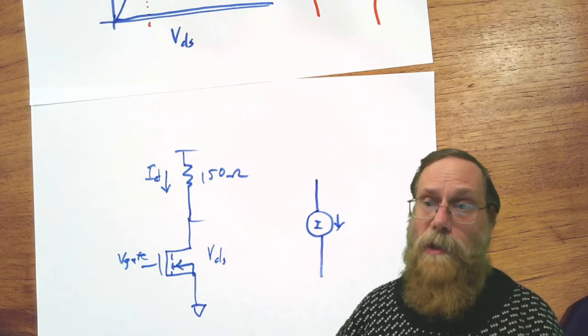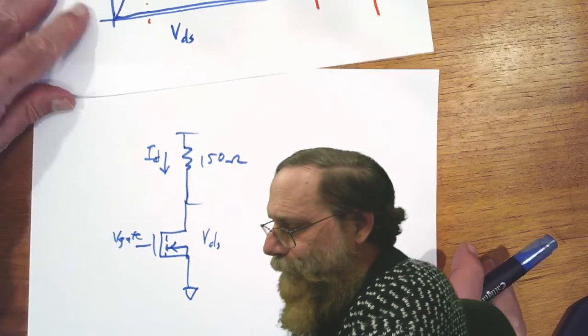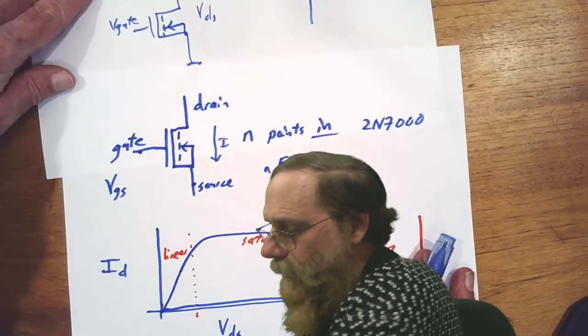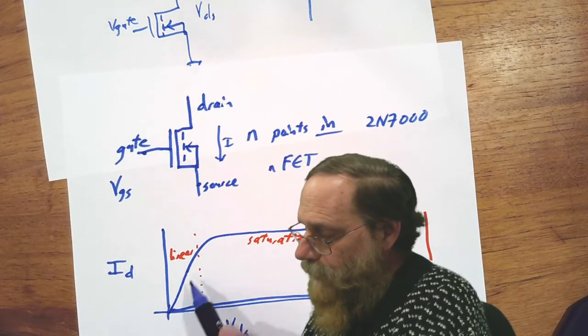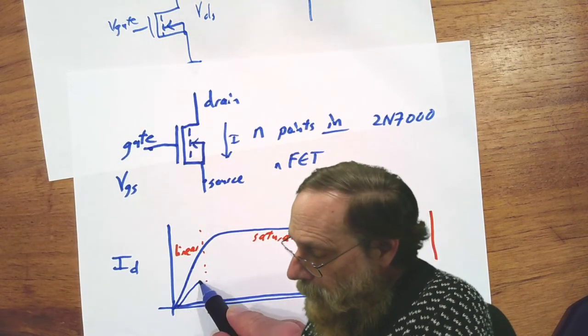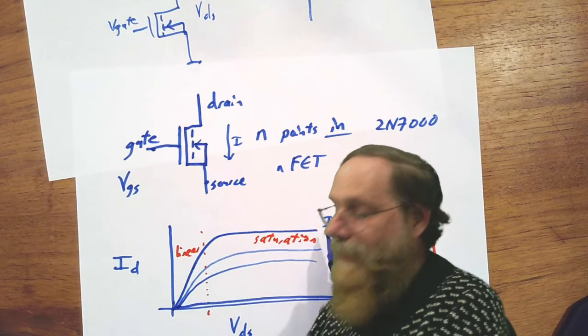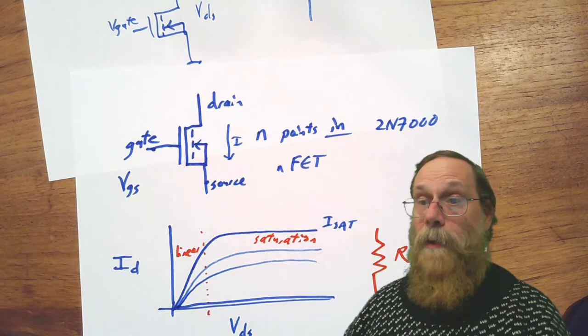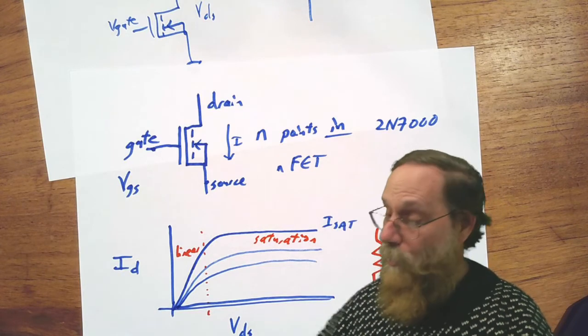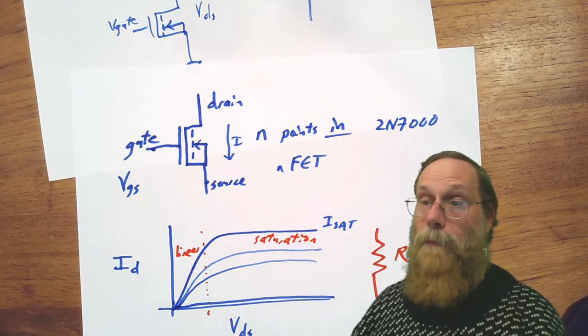Most of the data sheets are actually very good at giving you this information, because the plots often have not just one curve like I've shown here, but multiple ones labeled by different gate voltages. So you can easily read the saturation current off of just where this horizontal line is for different gate voltages.